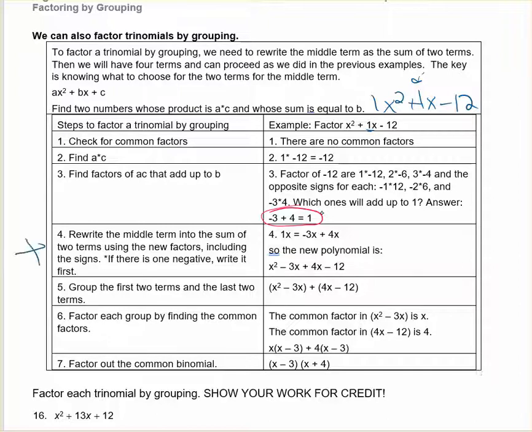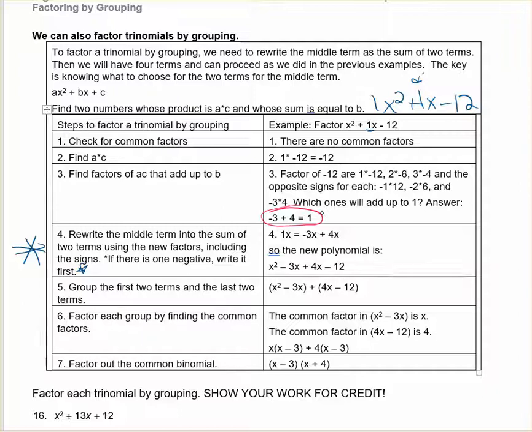Okay, here's the key for factoring by grouping, because up to now this is pretty similar to what we did before. We are going to rewrite the middle term into the sum of 2 terms using the new factors, including the signs. This is just a hint, it's not a rule. If you have one negative, put it first. It'll make the next couple steps a little easier. So I do have a negative.